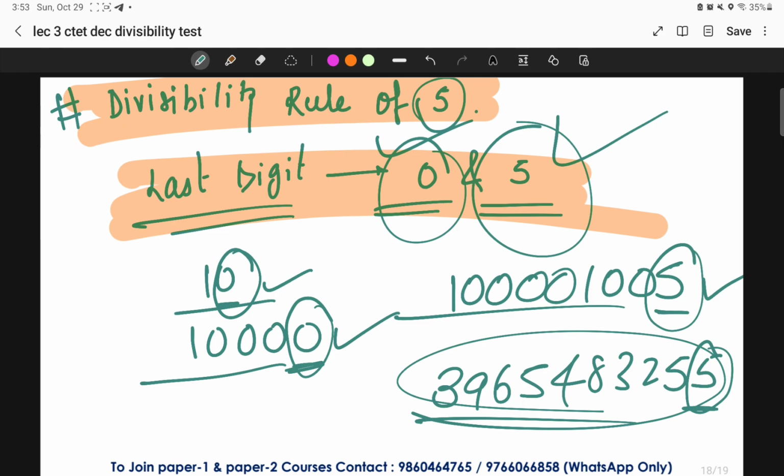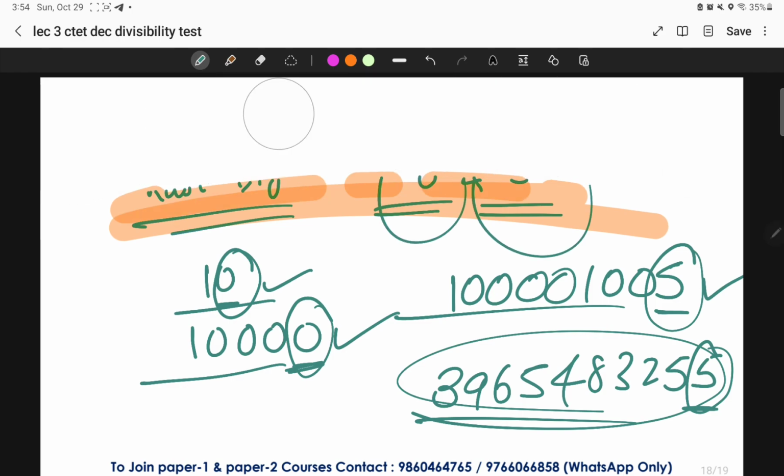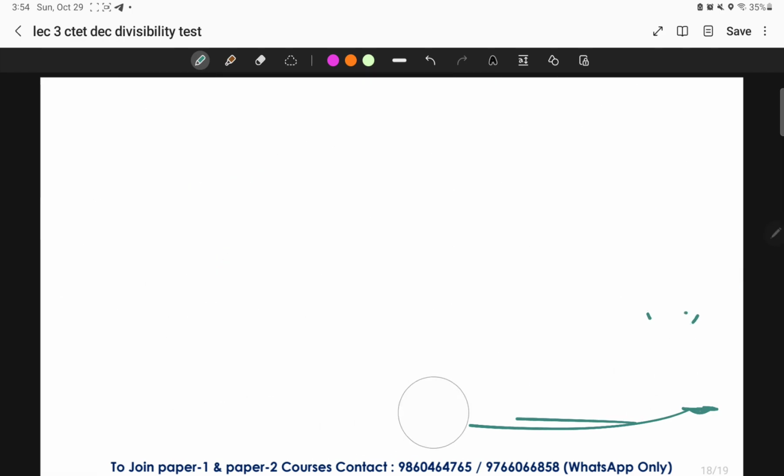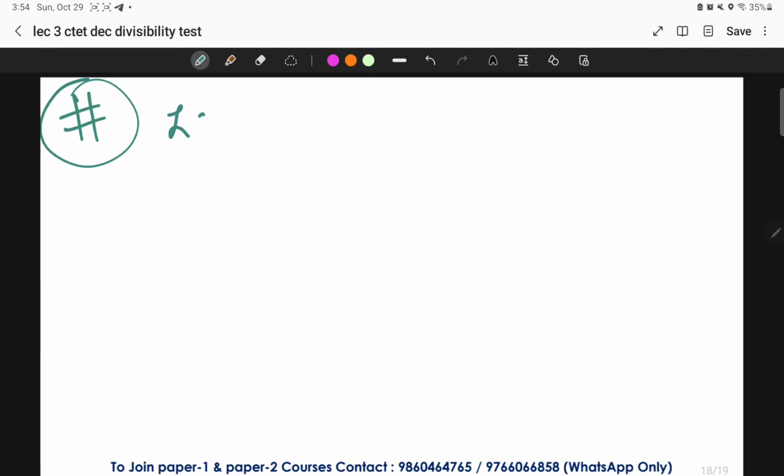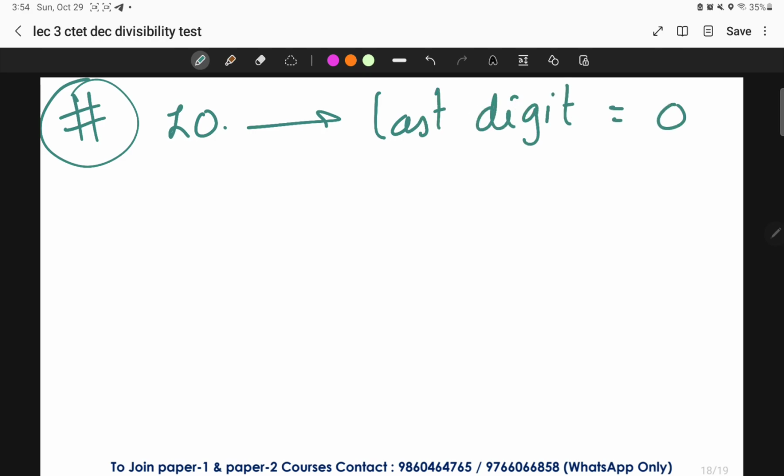But when we jump to the divisibility rule of 10, here the last digit should be only 0. The divisibility rule of 10 states simply that any number whose last digit is 0 is divisible by 10.